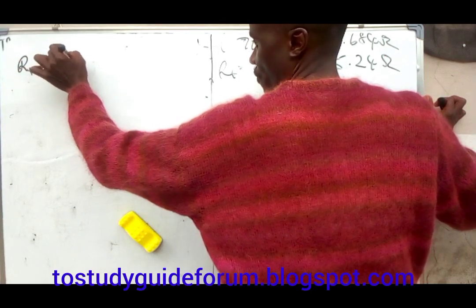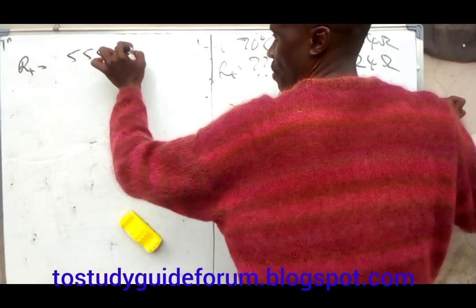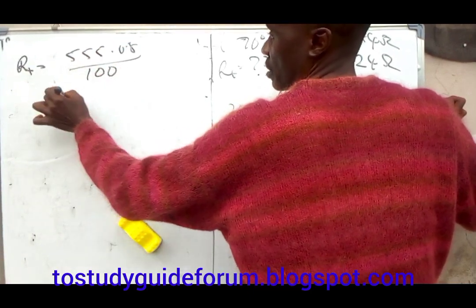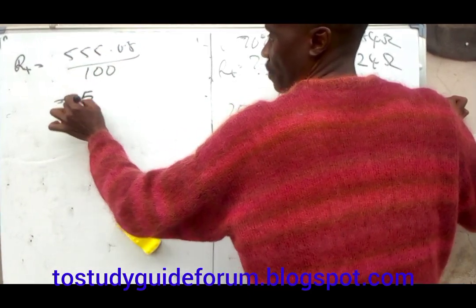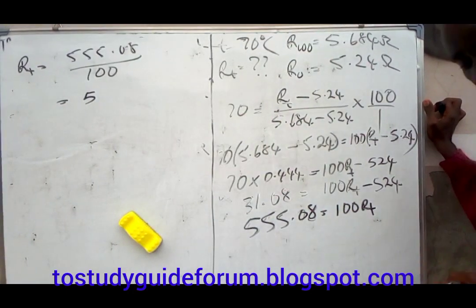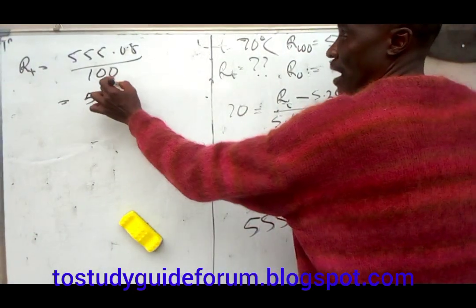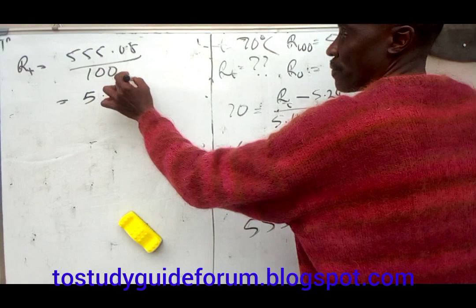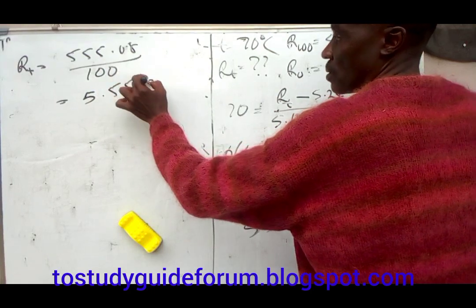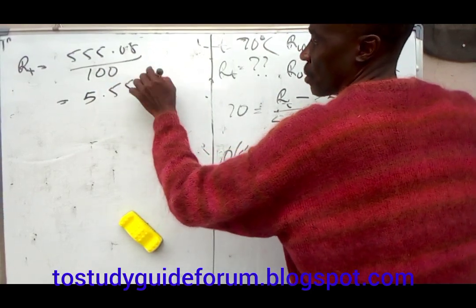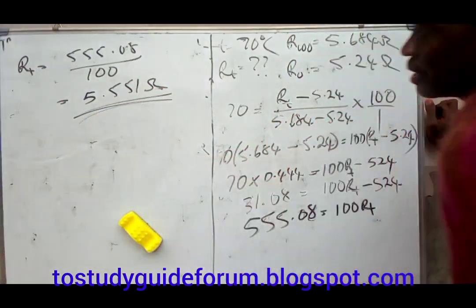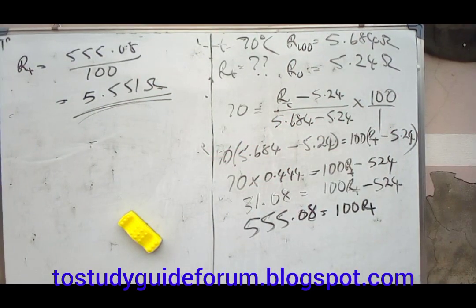Dividing by 100 gives us 5.5508, approximately 5.551 ohms. That is the final answer.